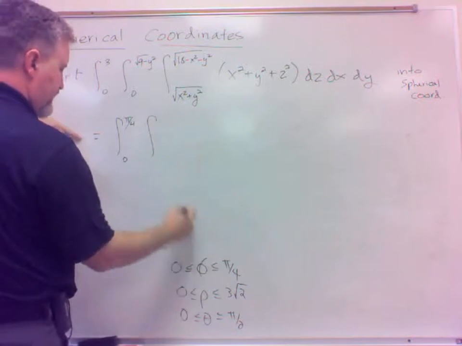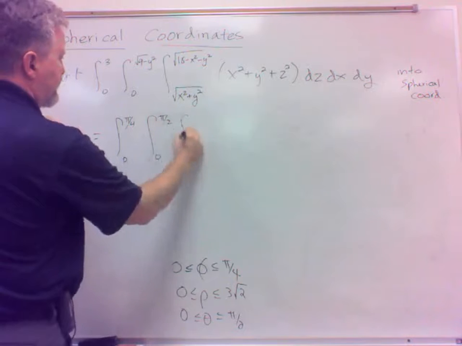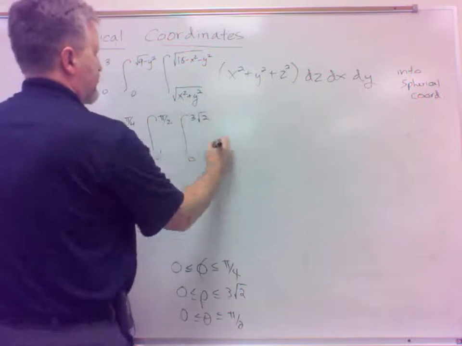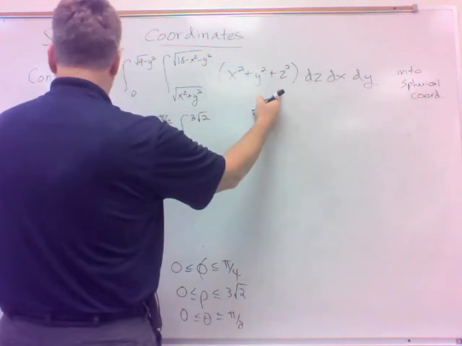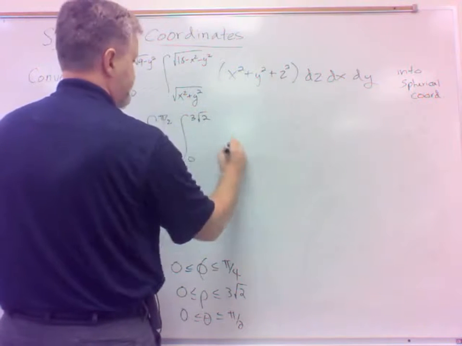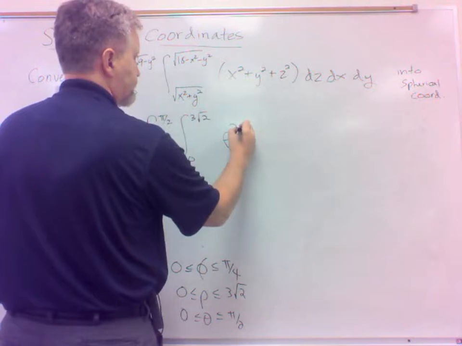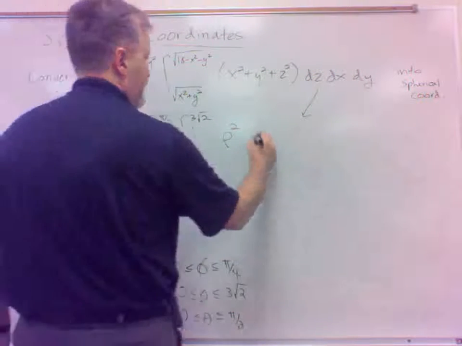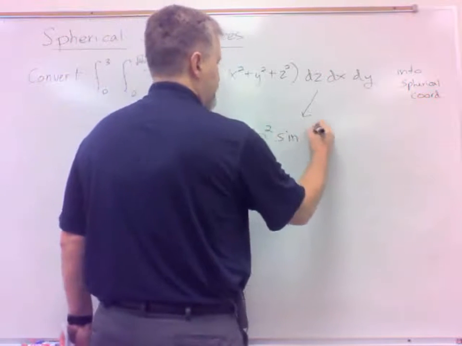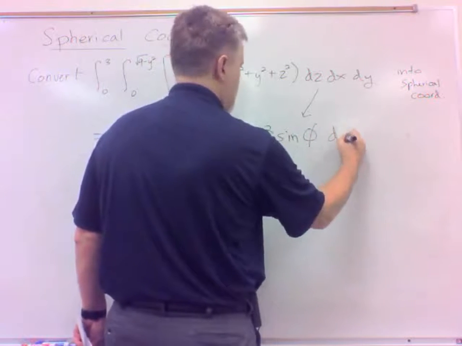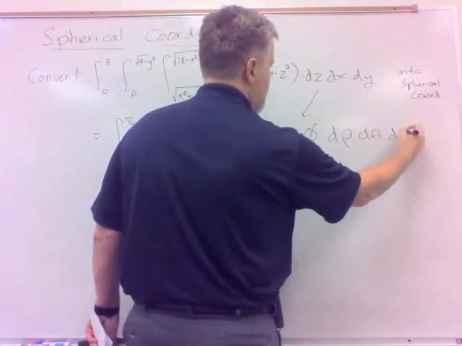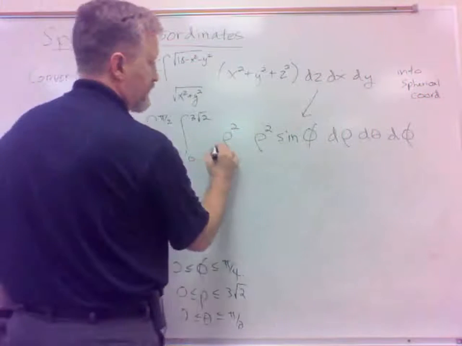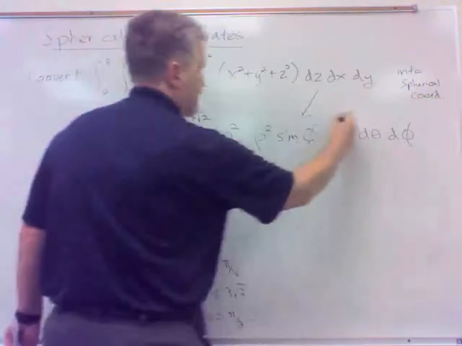Then we'd have theta from 0 to pi over 2. And then rho is from 0 to 3 square root of 2. x squared plus y squared plus z squared, well, that's rho squared. And then dz, that's dv. So dv is rho squared sine phi d rho d theta d phi. And then, of course, those two make rho to the fourth, but basically that's it. Okay.